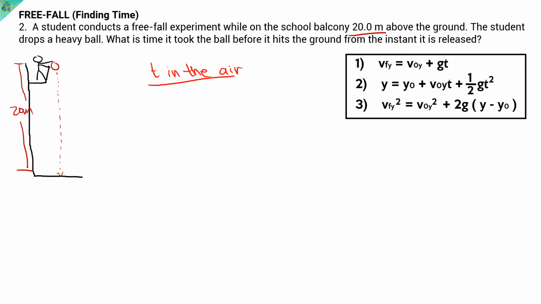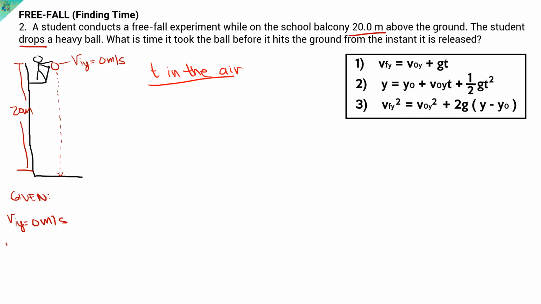Let's write our given. So our given would be the initial velocity would still be 0 meters per second since, again, he didn't throw it, he just released it. So our initial velocity would be 0 meters per second. We don't have our final velocity.